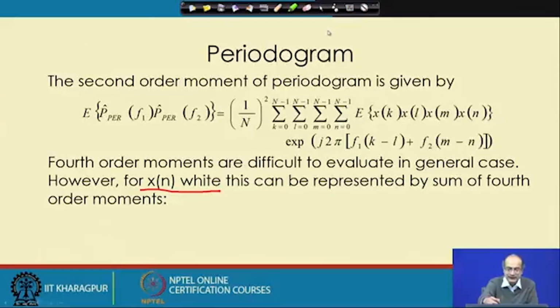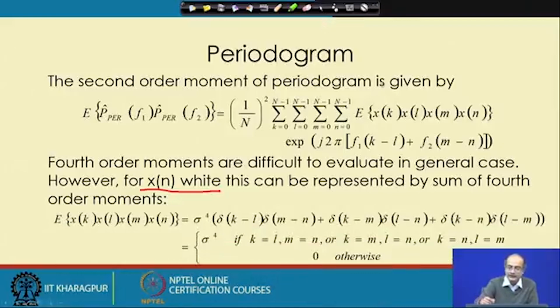In that case, this most complicated term, that is the expectation of these 4 terms, gives us actually a product of some delta functions, which can be given in a simpler way: this is equal to sigma to the power 4 when k equal to l and m equal to n, or k equal to m and l equal to n, or k equal to n and l equal to m.